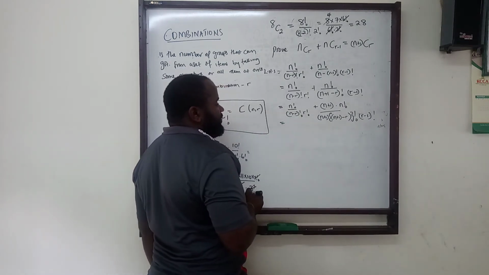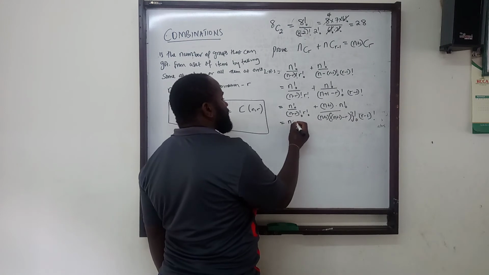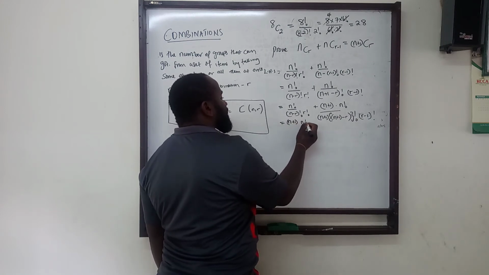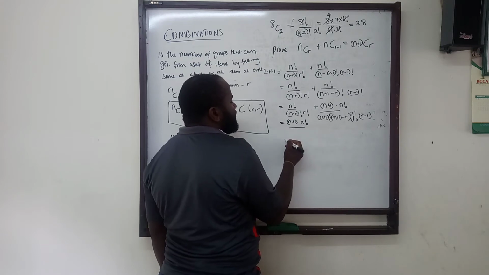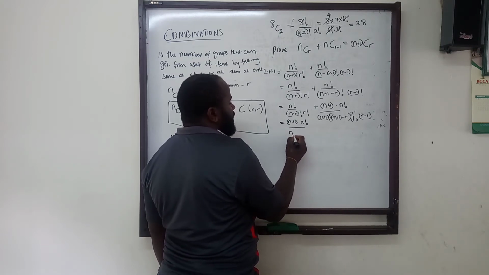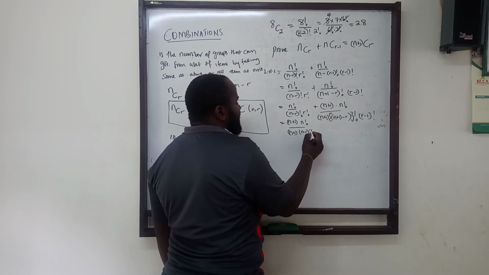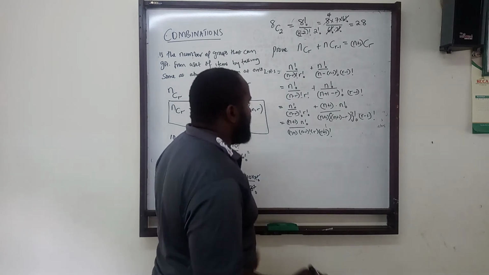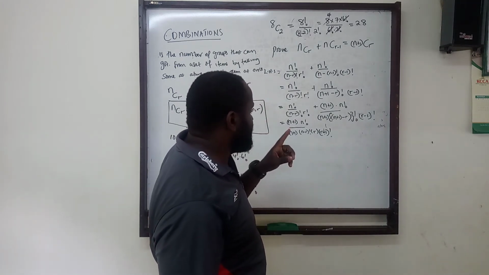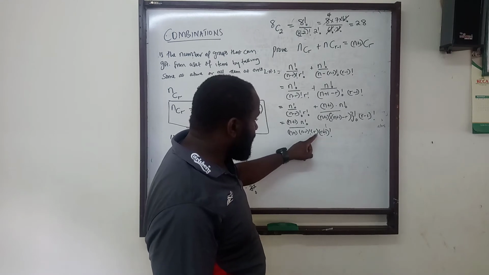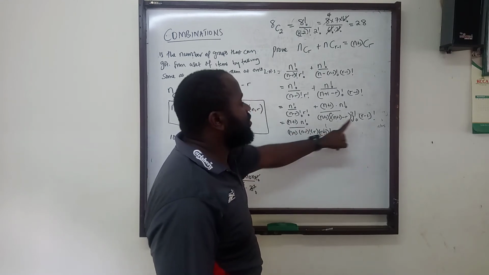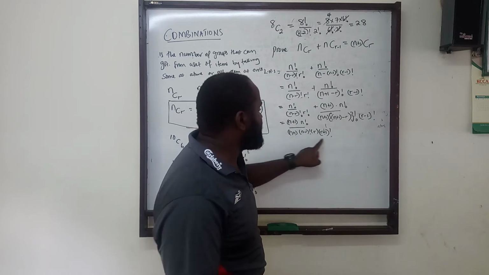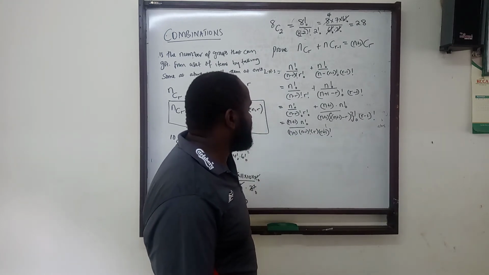When I also design it here, I'll have (n+1)! over (n+1)(n-r)! times (r-1)!. Now I have designed a reduction of this r, which is r factorial, to reduce it to r minus 1, the smaller term, so that we can factorize effectively.